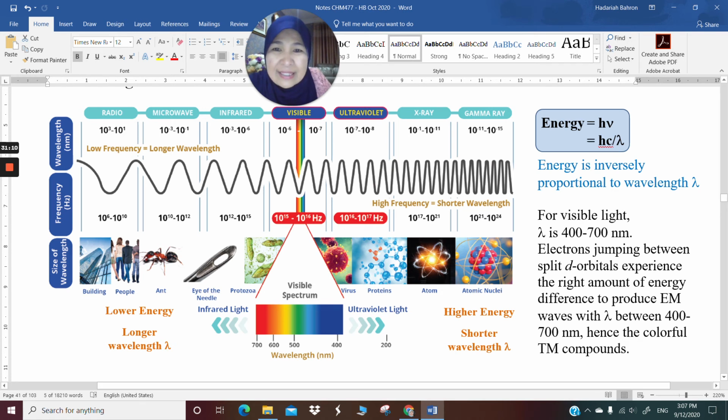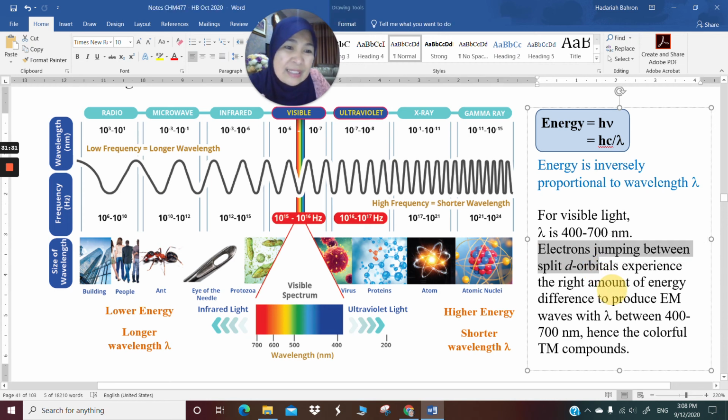Visible light occurs somewhere in the middle, between the wavelength of 400 nanometers to 700 nanometers, and the electrons jumping, or when I say jumping, they are transiting between one d orbital to another d orbital.